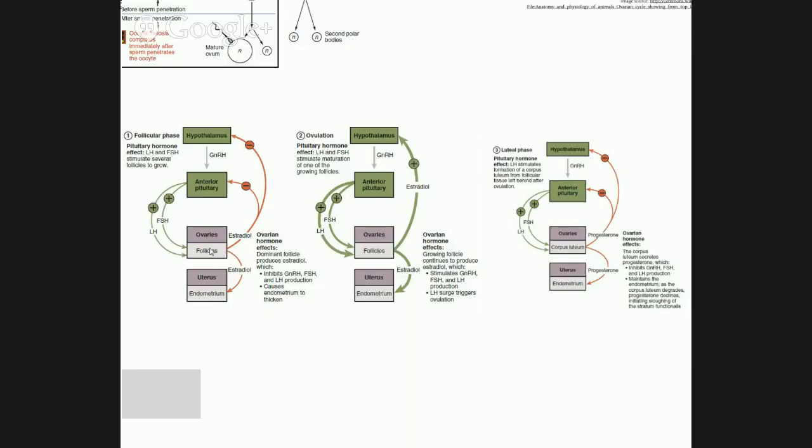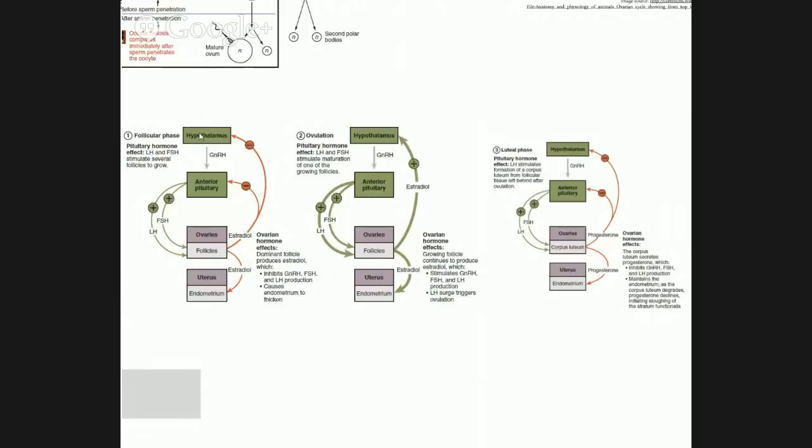When the follicles are developing, they're going to start to produce and release hormones themselves, which will then get into the bloodstream and target the uterus. And we're going to talk about the uterus a little bit later on, but this ties everything together.